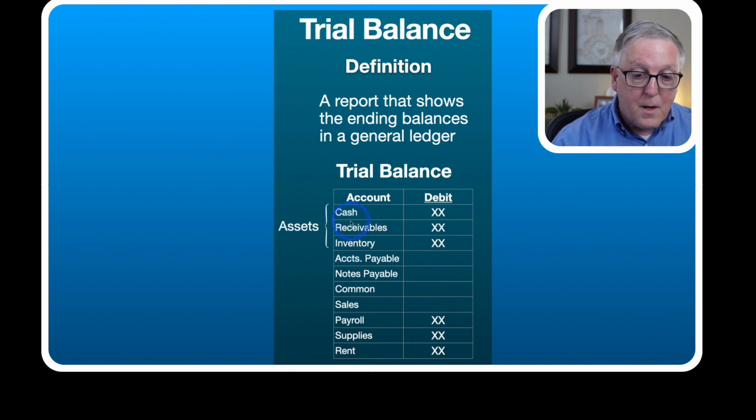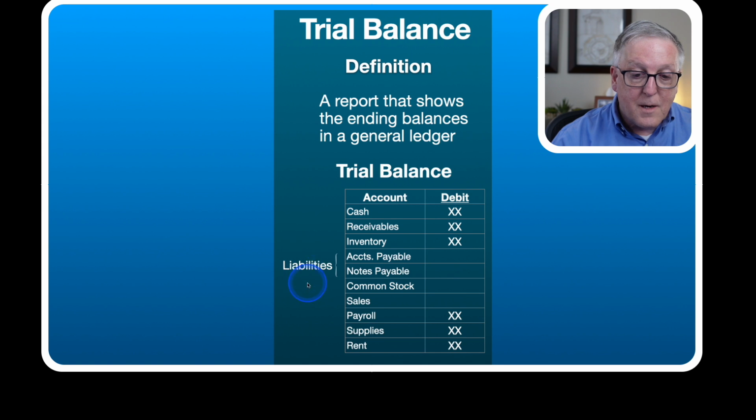So here's some example assets, liabilities, like accounts payable, you owe your vendor so much money. Notes payable, you owe your bank so much money. Next, we have common stock. So the owners, they buy the common stock, they own the company. That's an example of equity.